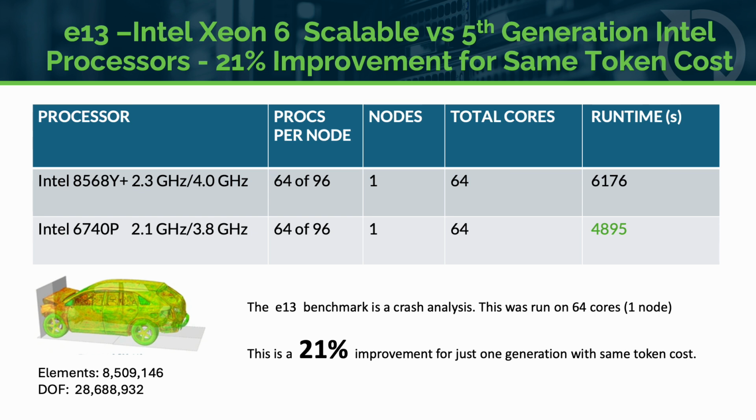And so looking between the previous generation and the latest generation Intel processors, we're getting a speed up of 21%. Same token cost. So exactly the same cores, 64 cores, you're getting a speed up of 21%. Nice bump up for the exact same token cost.